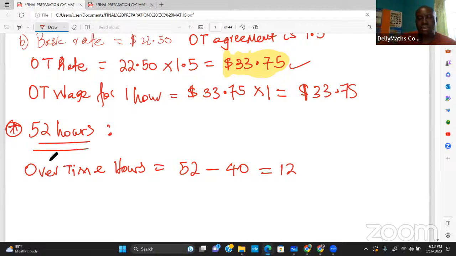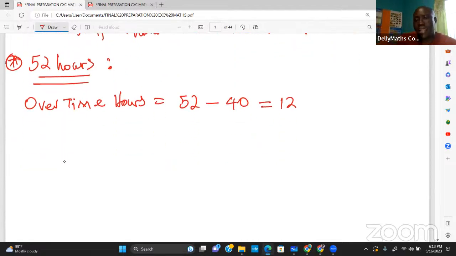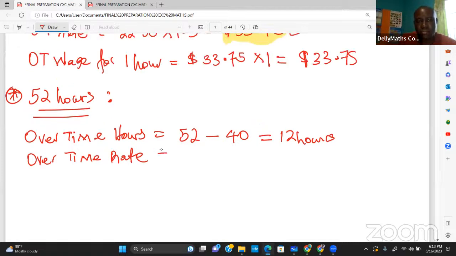So this is the hours that you work. Now, take a look at this. If I know the hours that I work on overtime, and if I know my overtime rate, we just found it, $33.75, then I am able to tell my overtime wage.